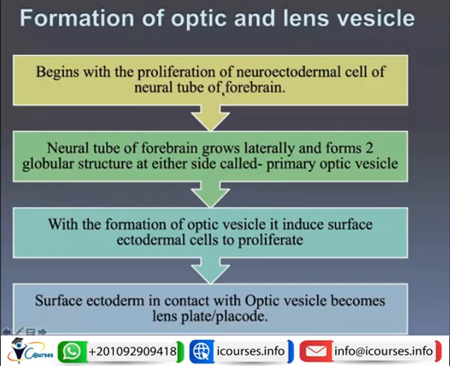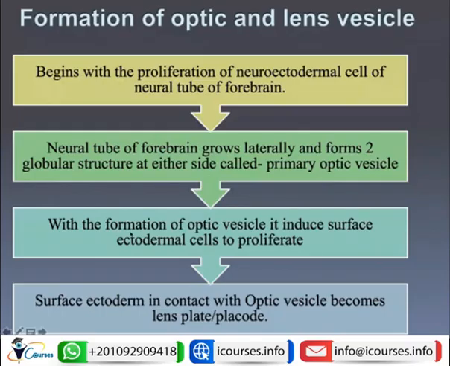This starts by proliferation of the neuroectodermal cells of the neural tube of the forebrain. These neuroectodermal cells will start to form the developing eye. So the neural tube of the forebrain grows laterally and forms two globular structures. As we mentioned, they are called the primary optic vesicle or ocular primordia.